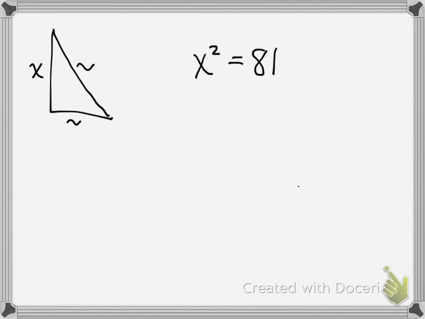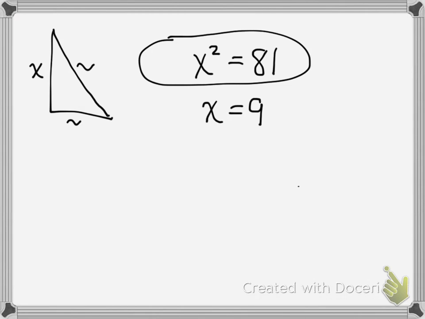And we would know then that since the square of that side length is 81, x would have to equal 9. X would have a length of 9, because we know that 9 times 9 is 81. So this is an example of an equation involving a squared variable.